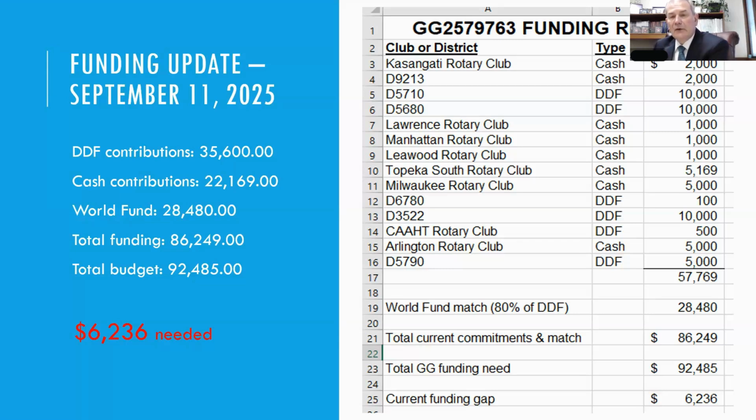We've had several grants in Taiwan that we've helped with, and they've helped us with some global grants that actually came to 5710, which is a pretty cool thing when you think about it. Of course, the CAT Club, Community Action Against Human Trafficking Club, in 5710 has put some money in. And just recently, within the last month, we got confirmation from the Arlington Club and District 5790 that they would help us out.